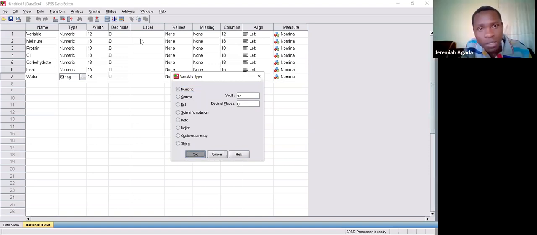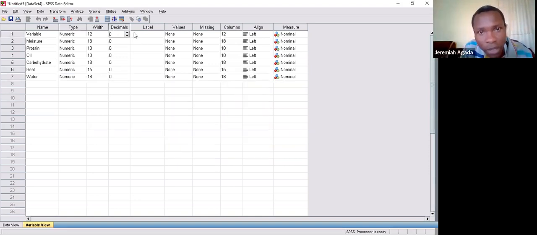Okay, so we have this now, so I can change my decimals. My decimal here, I want it to just be 0 because it is actually telling us we are doing coding there. Here I just want 2 decimal places. You can just type if you don't want to touch the arrow.